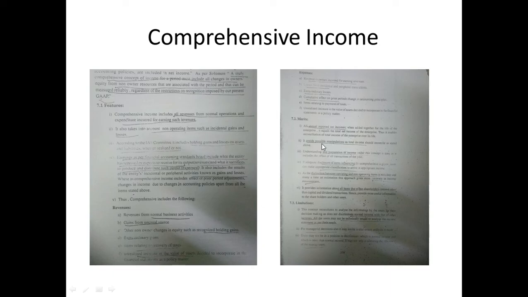So the holding gains are taken, expected gains are taken, right? All are taken into consideration. So this gives a very good picture of the complete efficiency of an enterprise. It avoids possible manipulations, as total income should be recognized as stated above. So no manipulations, all facts are known here.